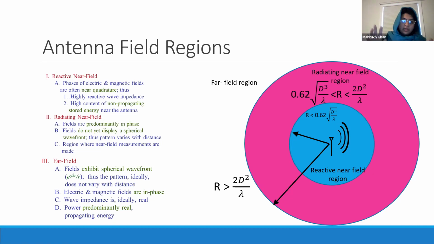Another important thing is that as these regions depend on wavelength, if your antenna is bigger than the wavelength, its region sizes would be different than if your antenna is smaller than the wavelength.